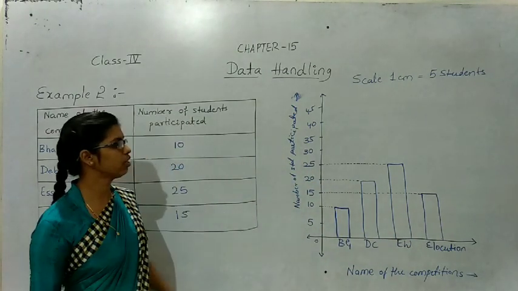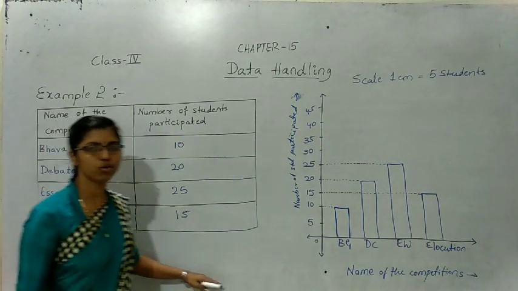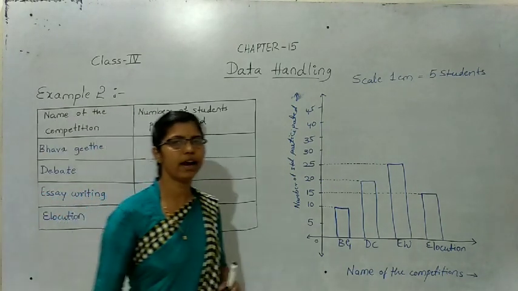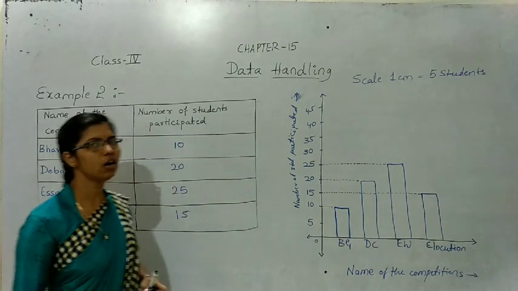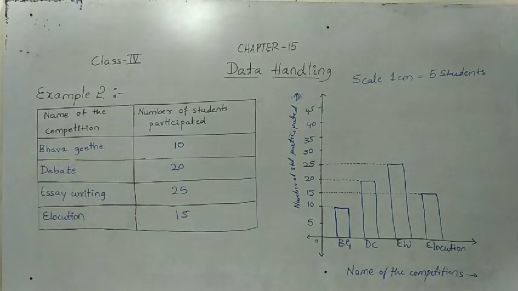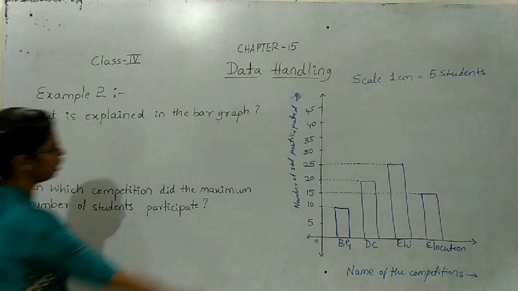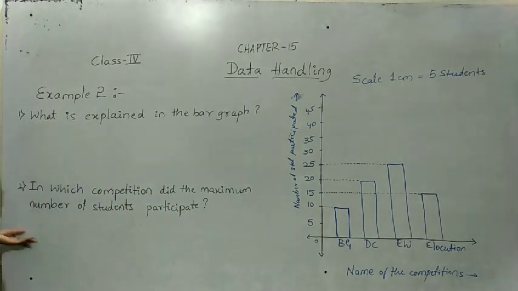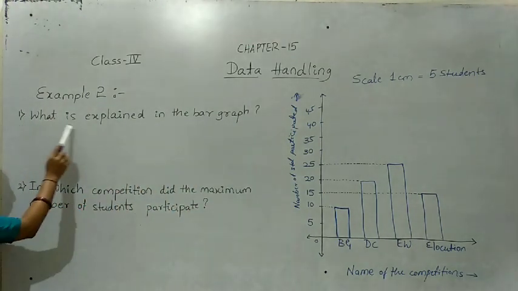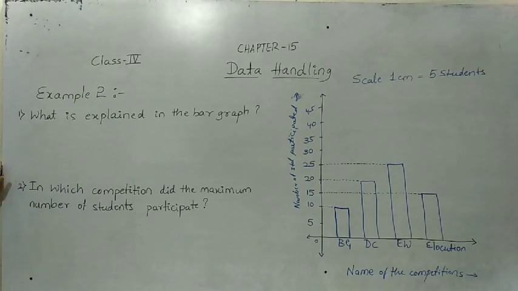And after this they gave some questions for us. We should answer those questions. Now we will see the questions. See, on the basis of this bar graph, they gave some questions to you. What is explained in the bar graph?